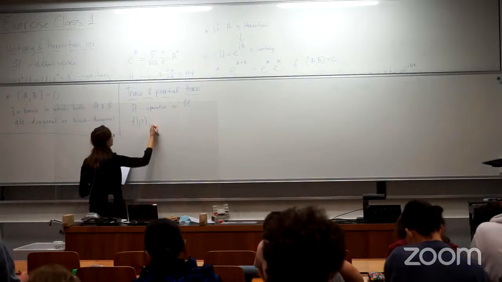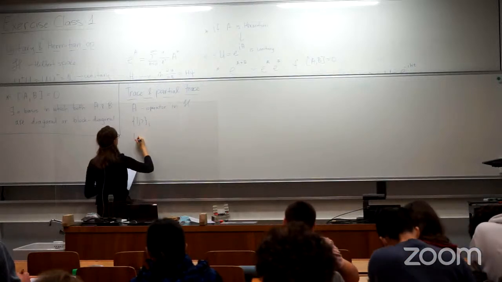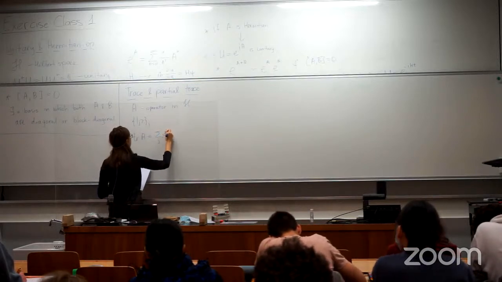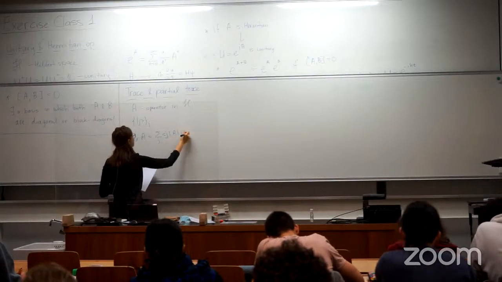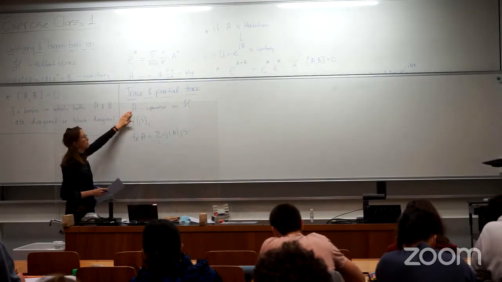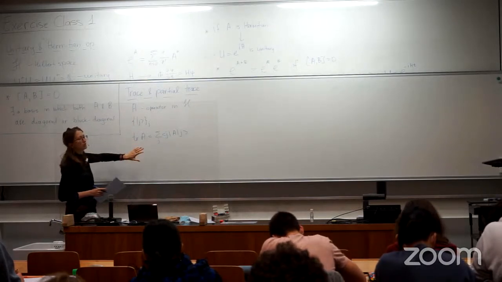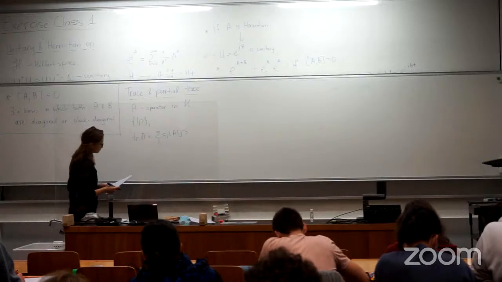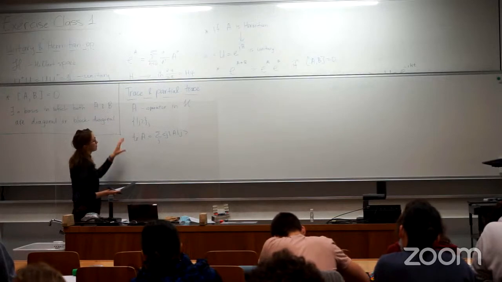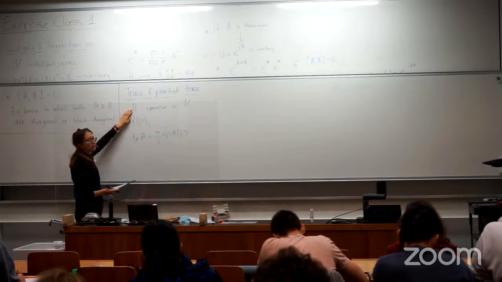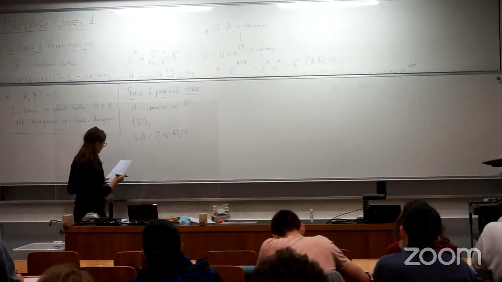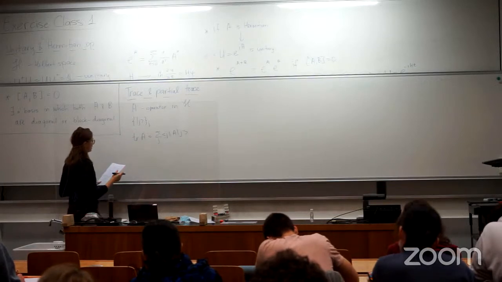Then we can define the trace of A as the sum over j of <j|A|j>. So basically, if you write A as a matrix, then the trace of A is just the sum of its diagonal elements. The trace does not depend on the basis the operator is written in. This is also a fact from linear algebra. And the trace is also linear.